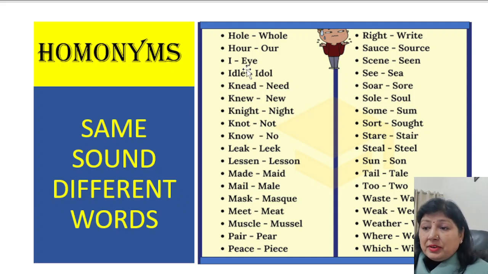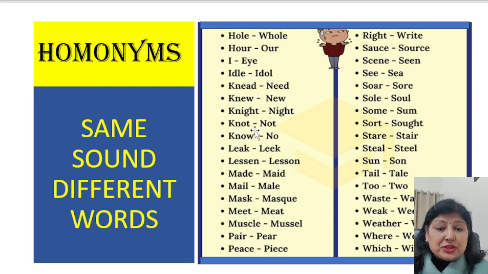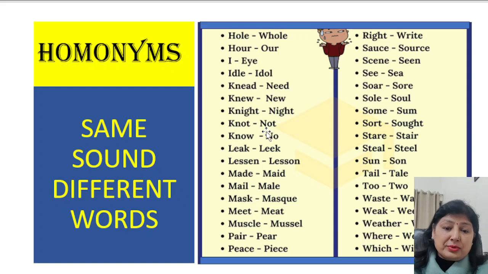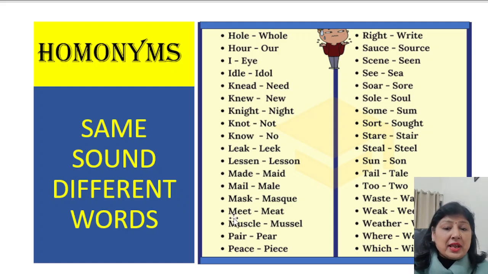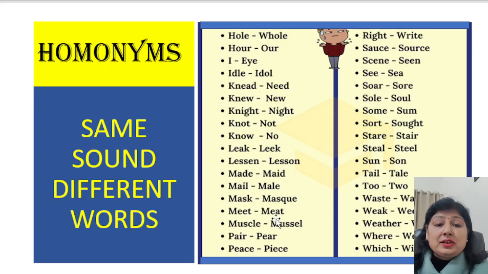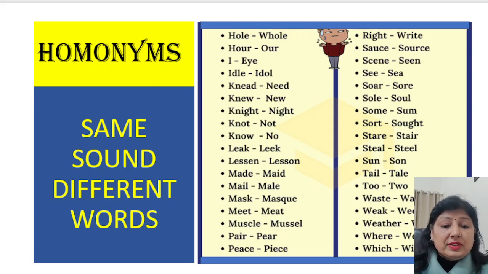Or the word not, K-N-O-T, and N-O-T, both have the same sound. The word meet, M-E-E-T, and the word meat, M-E-A-T, have the same sound. So it is very difficult to guess the pronunciation of a word from its spelling.